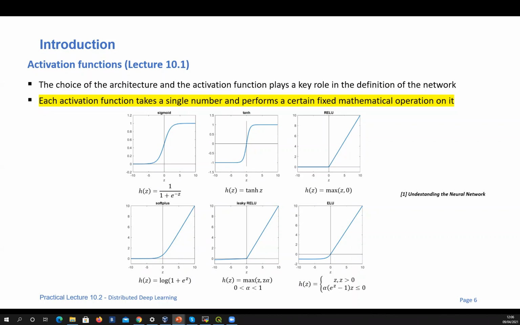So for example, this sigmoid function here will be used mostly in the last layer, so in the classification process, but you most likely will not use it during the training of your model as an inner layer of the model. On the other hand, what is mostly used is this ReLU, or also very popular now, the leaky ReLU function.